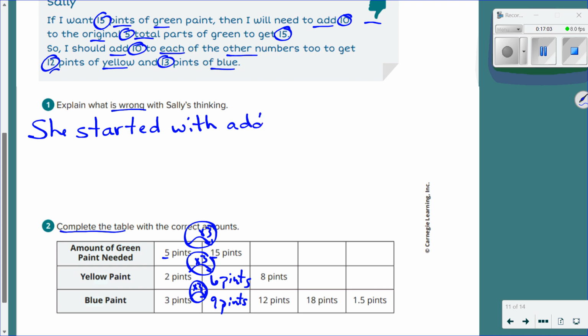Make sure we're writing this down. She added the parts.